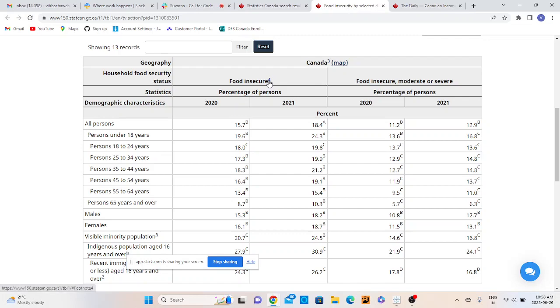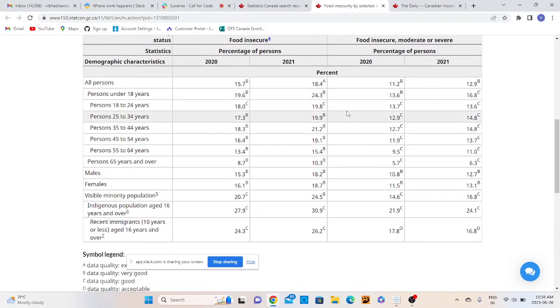That's what I really like. Also, if you look at it right here in this one, they have done recent immigrants, where you can see clearly the percentage is so high. The people who immigrated in the last 10 years have a little higher food insecurity, and actually the indigenous population is much higher.